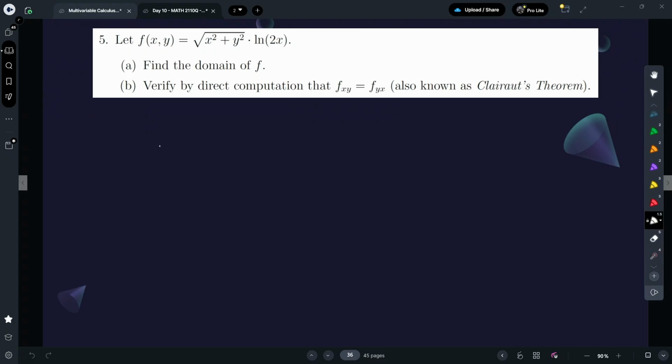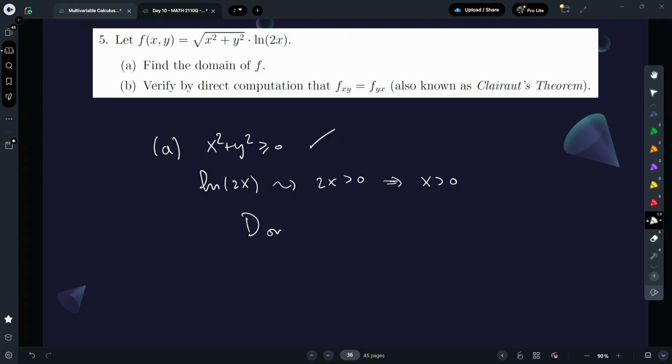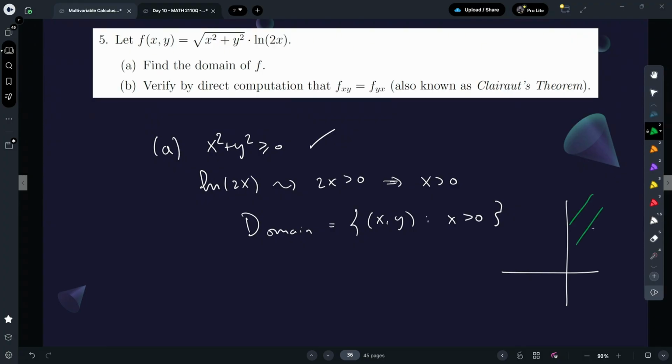In this case, for part A, I need x squared plus y squared bigger or equal to 0 because it's inside of a square root. That is always true. And because of the log of 2x, I need 2x to be positive, so I need x to be positive. So the domain is just pairs of x, y as long as x is positive, but the y-axis is not included.